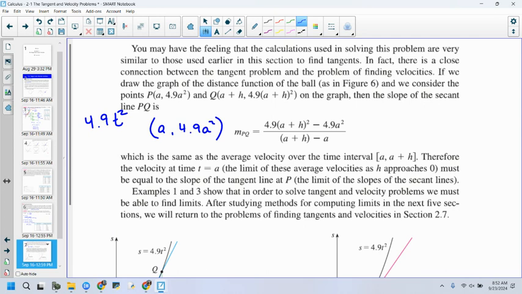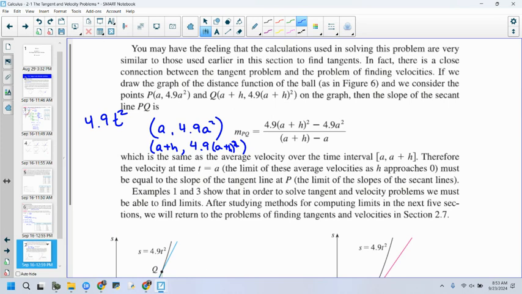If we generalize it, we don't say 5. We put in a differential, a unit of change. Instead of plugging in a, plug in a plus h. Well, what would that look like? That would be 4.9 times a plus h, squared.